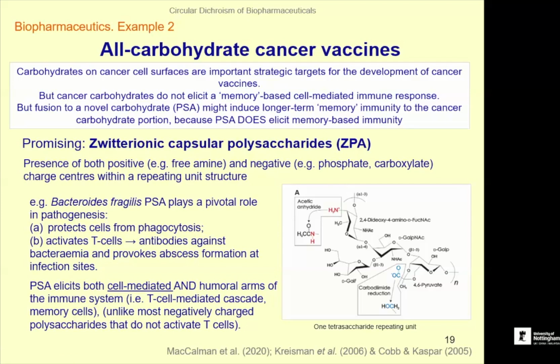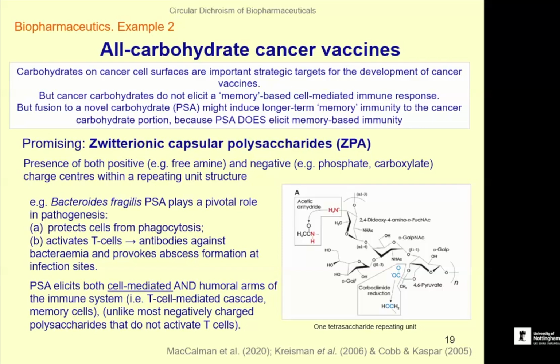That carrier carbohydrate is proposed here to be something called a zwitterionic capsular polysaccharide, PSA for short. A bacterium called Bacteroides fragilis has its own zwitterionic carbohydrate that it produces on its surface. It's important for pathogenesis.